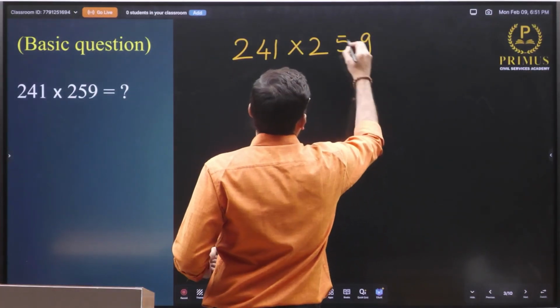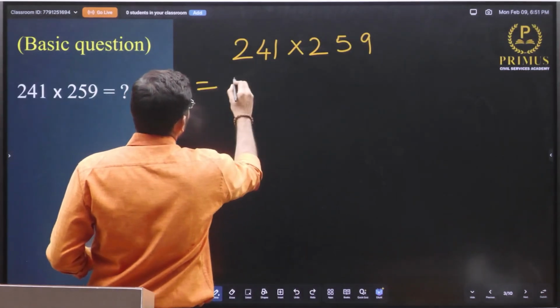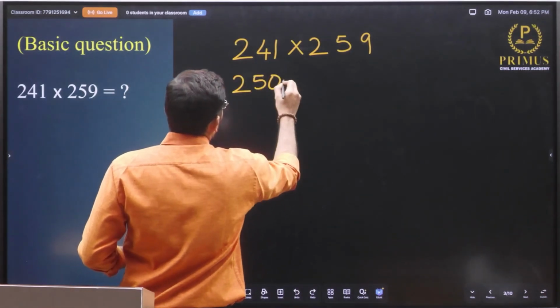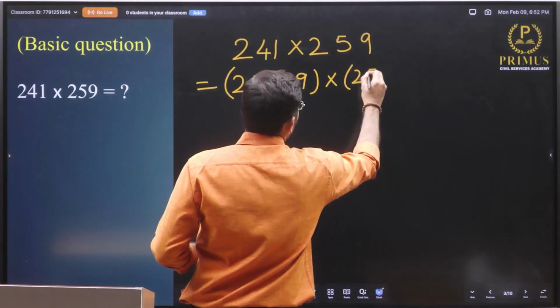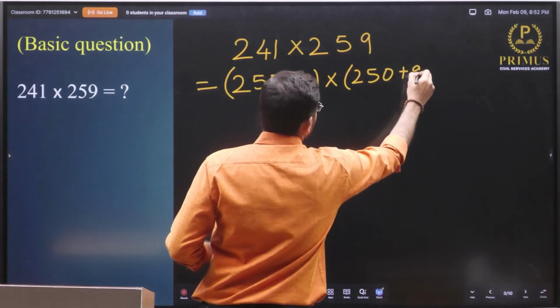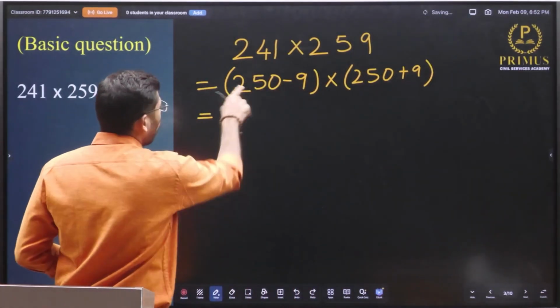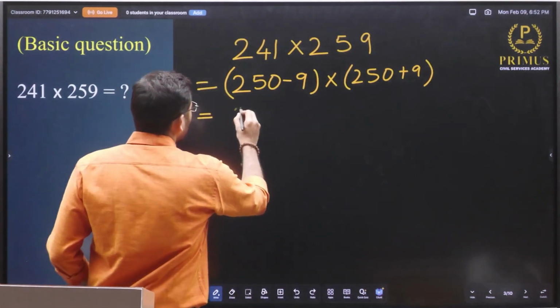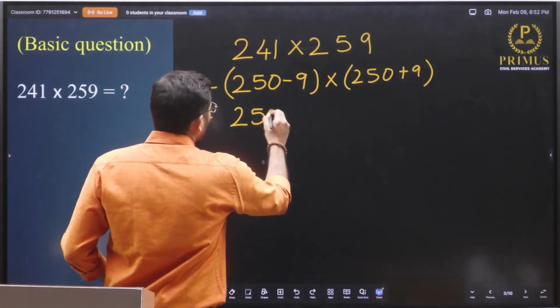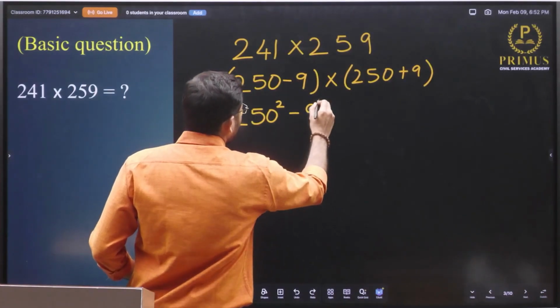Can I consider it as (250 minus 9) multiplied with (250 plus 9)? Now, is this of the form (a plus b) into (a minus b)? So it should be a square minus b square, that is 250 square minus 9 square.